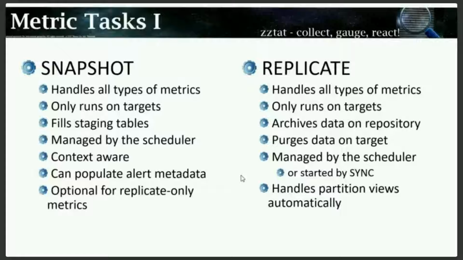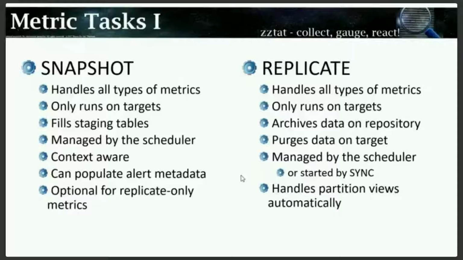There's one exception. If we are running replicate-only metrics, there won't be a snapshot, as we've illustrated before with the example of third-party jobs or even a cron job. The snapshot process is technically optional. So snapshot goes hand in hand with replicate.